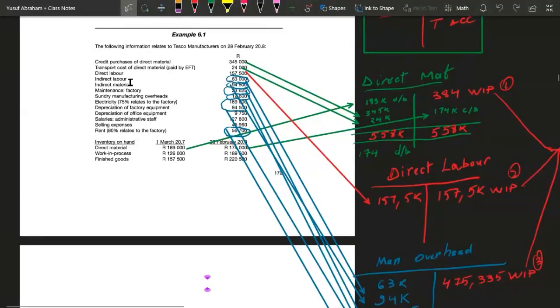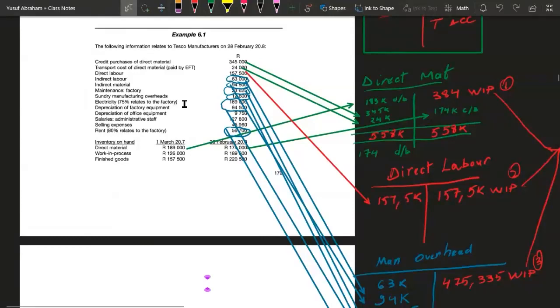You need to be able to identify each cost and send it to its correct account. Indirect labor, obviously, will go to the manufacturing overhead. Indirect material will go to the manufacturing overhead. Maintenance factory will go to the manufacturing overhead. All right? Sundry manufacturing overheads will go to the manufacturing overhead.